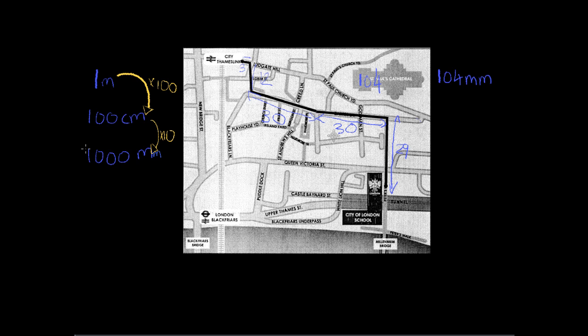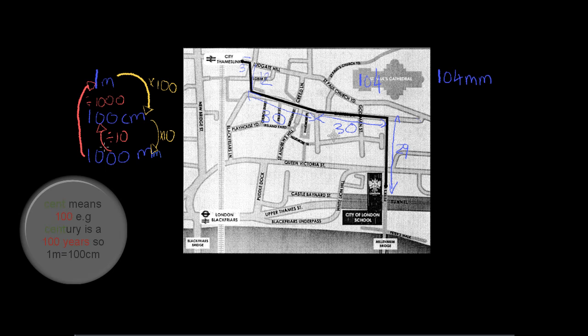Similarly, if you wanted to go back from millimeters to meters, you'd have to divide by a total of 1000. And if you were to go from millimeters to centimeters, you would divide by just 10. So there's a very connected relationship between meters, centimeters, and millimeters. A handy way of remembering the difference is a century has 100 years. So centi, which is linked to century, will have 100 centimeters in 1 meter.